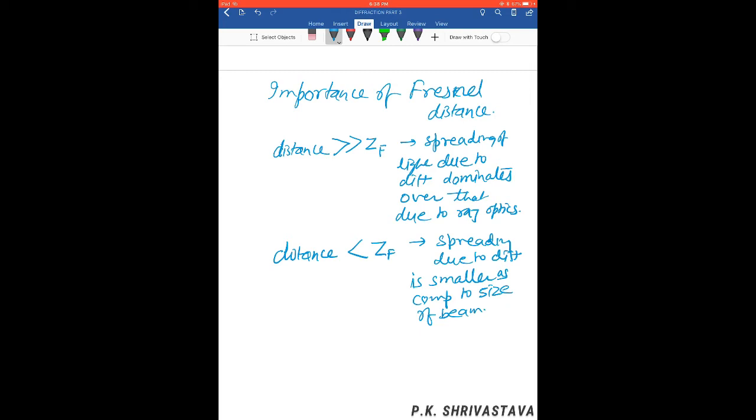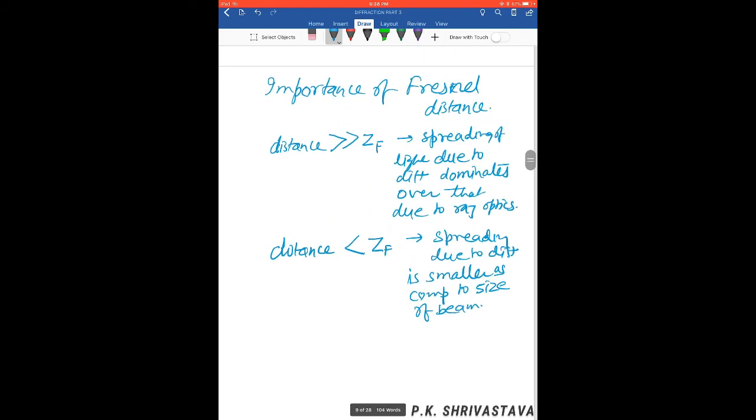And if this distance is equal to Fresnel distance, then spreading becomes comparable to the size of the beam. This is the importance of Fresnel distance.